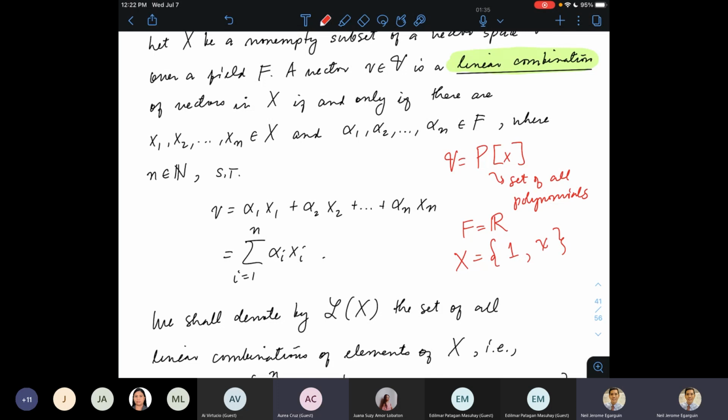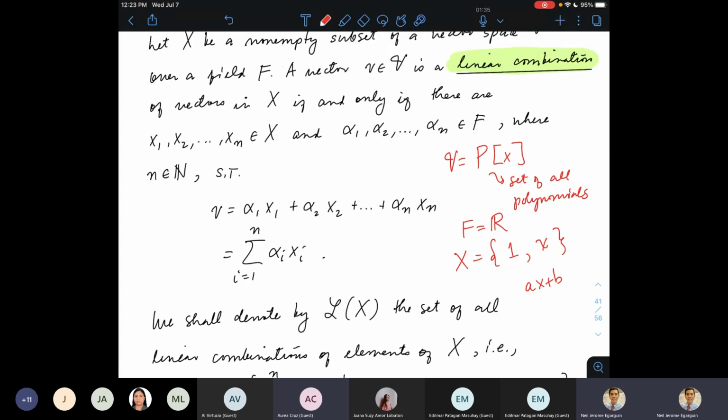Mga linear polynomials. Yes, they will just be linear polynomials of the form aX plus b. Yun yung na-generate niya, but it cannot generate any quadratic polynomial. It cannot generate any cubic polynomial, right?